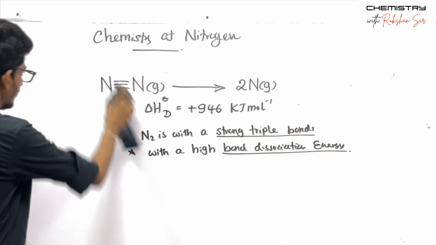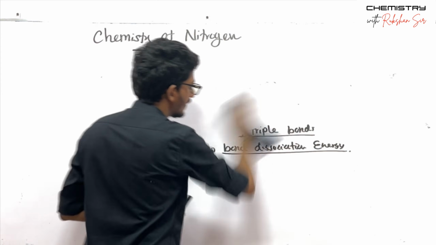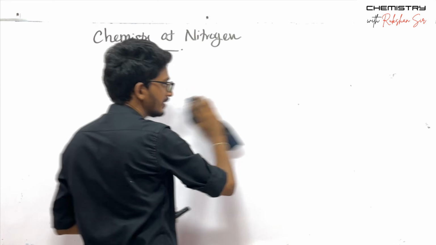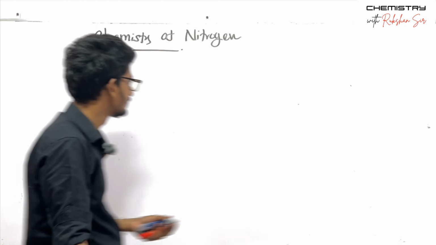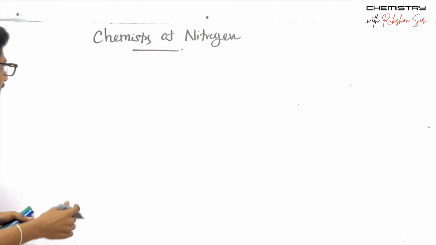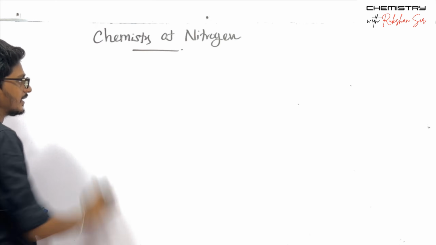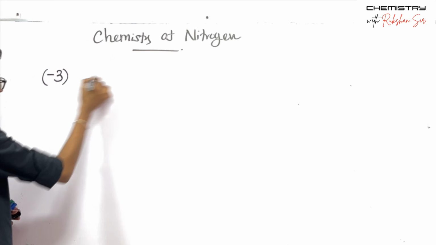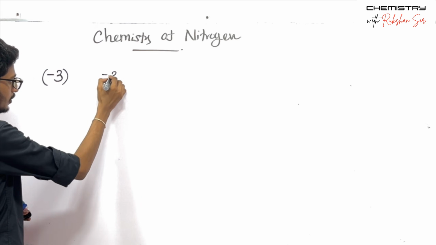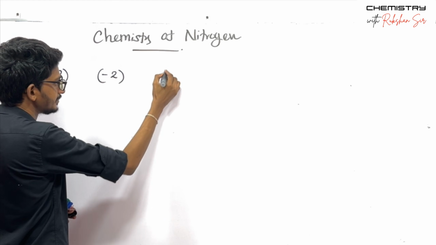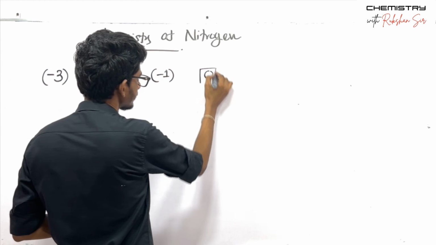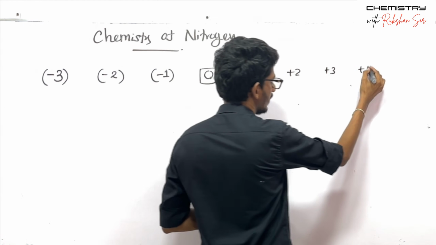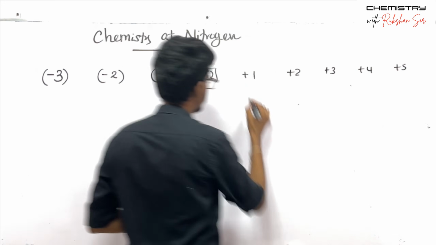That is the second place where questions will be asked frequently. Nitrogen shows all the oxidation states available for group 15, and let's try to come up with examples for those. So -3 to +5: -3, -2, -1, 0, +1, +2, +3, +4, +5.